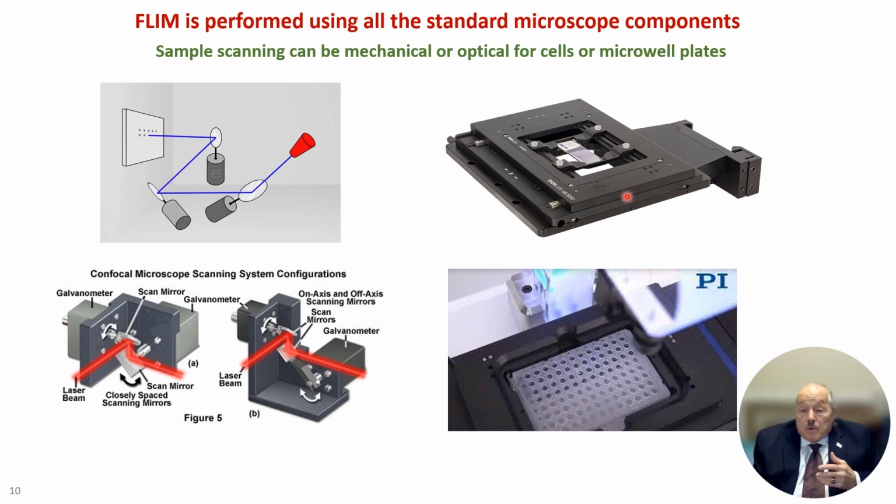It can be performed on slides, it can be performed on microchannel plates, and it doesn't matter how the scanning is done. The scanning can be done by moving the stage around or by using mirrors to scan the laser beam. So all of these components were already available.